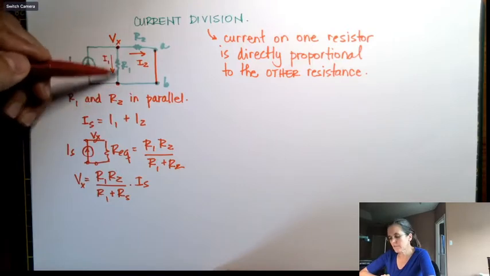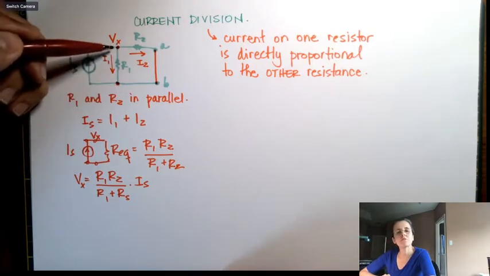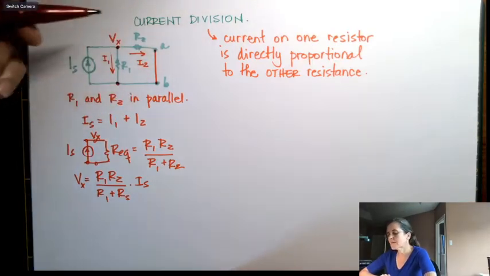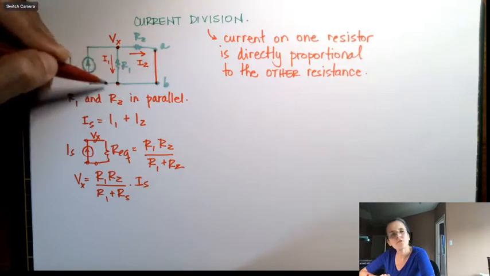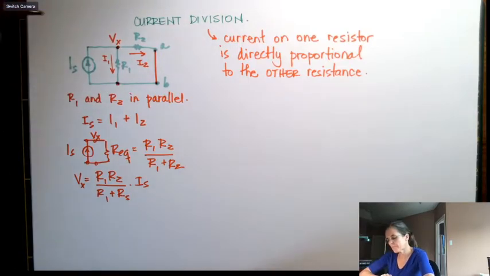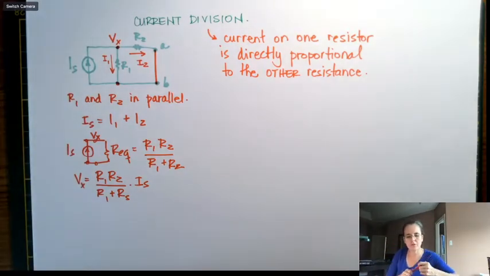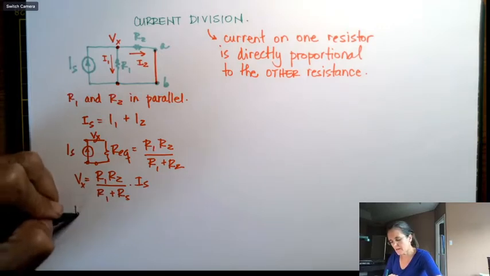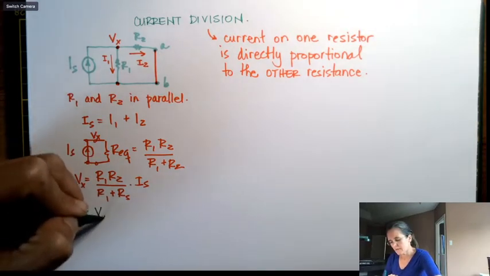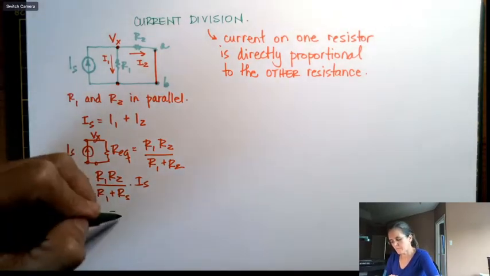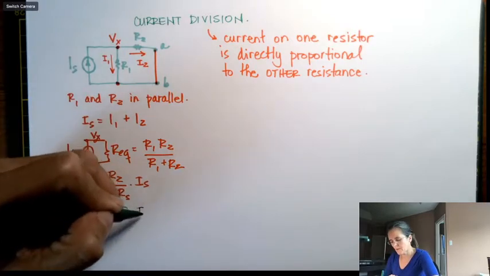Now if I look at Vx here, you see that also because these two are in parallel, I can write an Ohm's law just for this resistor here. I'm gonna change color so that you know what I'm looking at, but Vx also equals R1 I1.